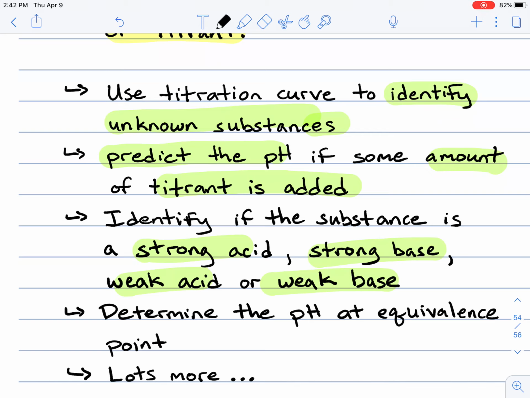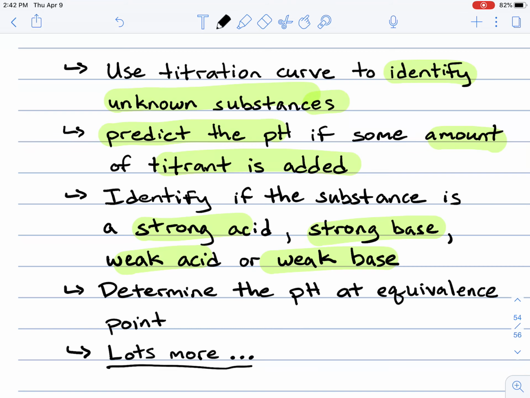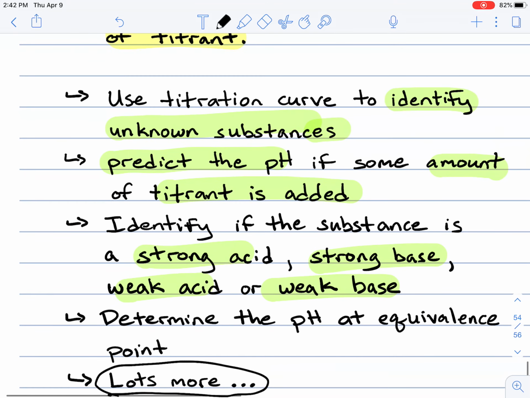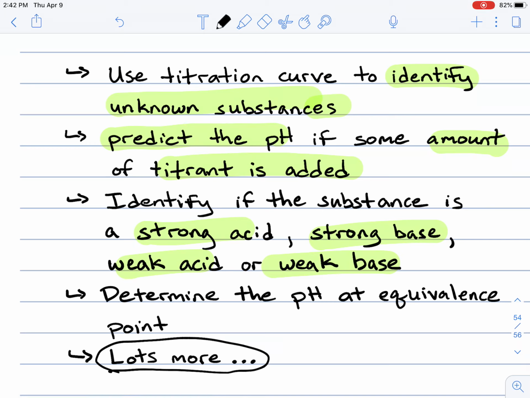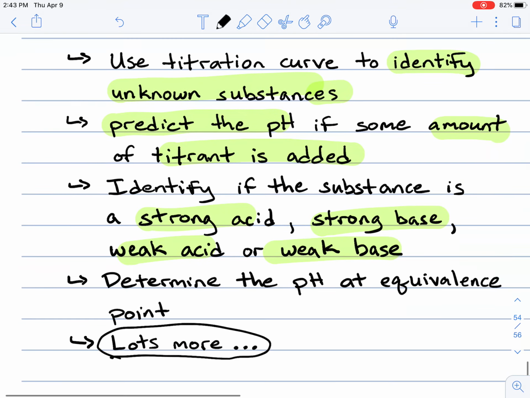Once you're close to that equivalence point, if everything is measured out correctly, then you can slowly put just drop by drop of the titrant into the analyte. But you wouldn't have to spend the whole lab period doing drop by drops just to get to the equivalence point. There are lots more examples as to why we love titration curves, but these are just the common purposes of titration curves.